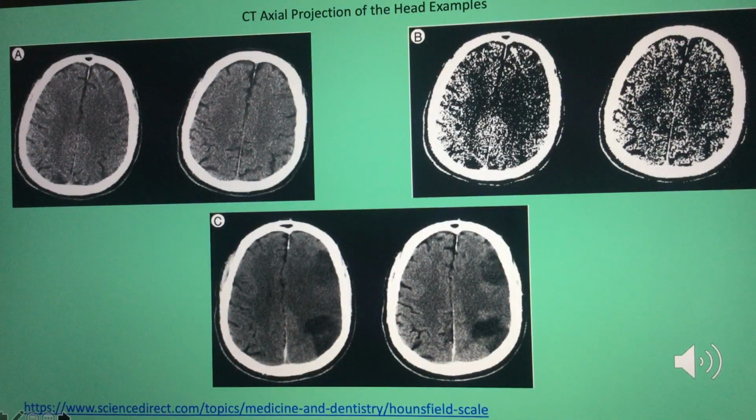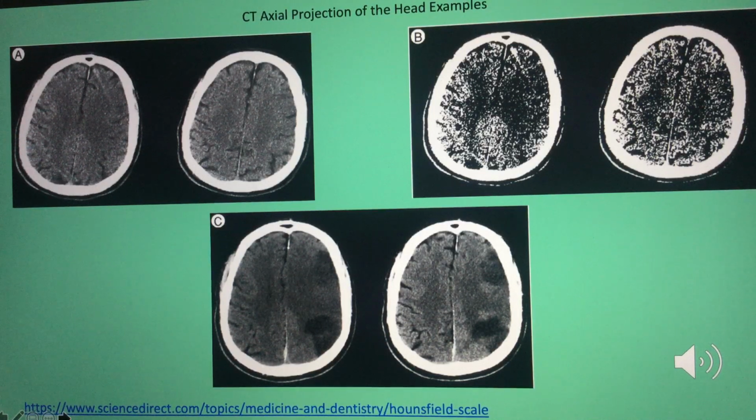Window width and center level on Hounsfield units are used to see specific pathologies or specific densities of tissues. We visualize on the first image, labeled A, an axial projection of the head with 1.5 Hounsfield units.